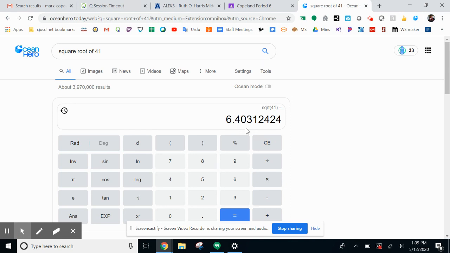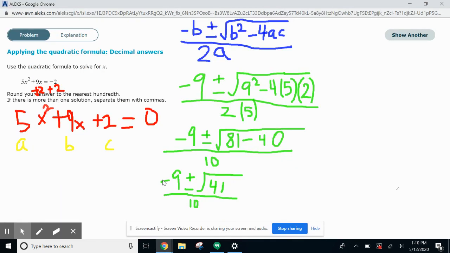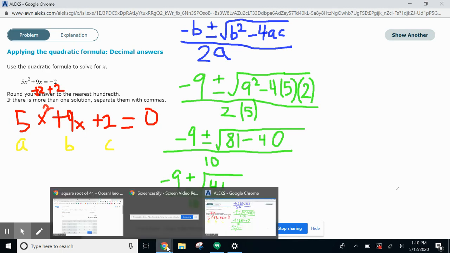And normally I would want to leave the square root and not simplify it into just a decimal estimation. But depending on what I want to do with the problem, I could leave it in terms of the radical without estimating. But I'm going to want to estimate a little bit here.